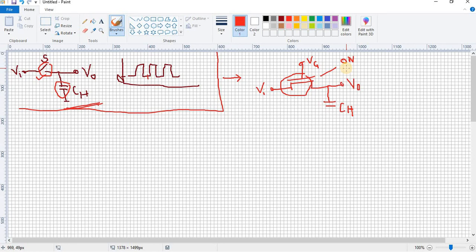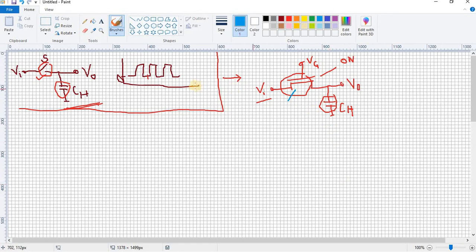And when the gate voltage is below the threshold voltage, there is no channel and this switch will act as an open condition, right? So when the switch is on, whatever charge is present at the input terminal will transfer to this holding capacitor, and that charge will be stored here. And when this MOS structure is off, whatever charge was stored when this transistor was on is stored here.